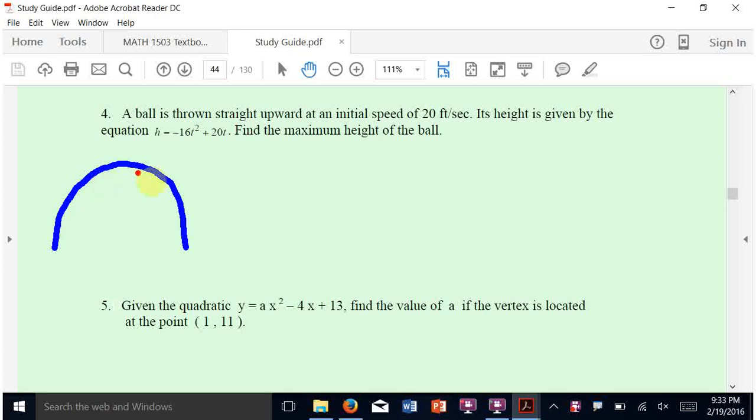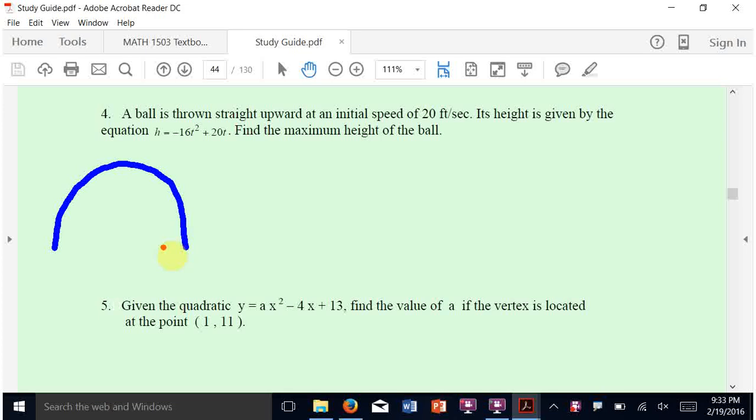And then due to the forces of gravity it slows down, and then it reverses direction, then it goes very quickly down, so that relative to time its height drops very quickly.